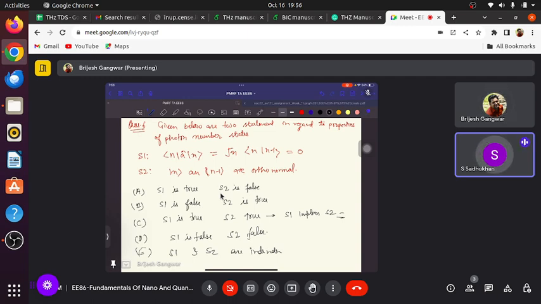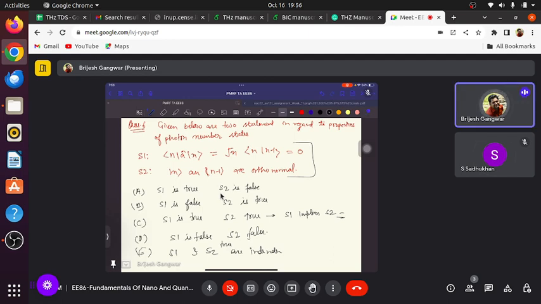I don't know the derivation, but both statements are true. I don't know the interrelation between them, but S1 and S2 both are true. Actually, I haven't gone through the derivation yet, so I can't comment on that.